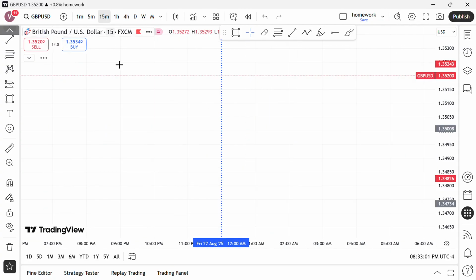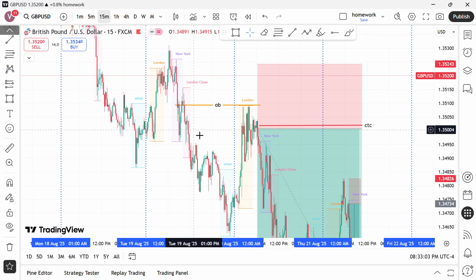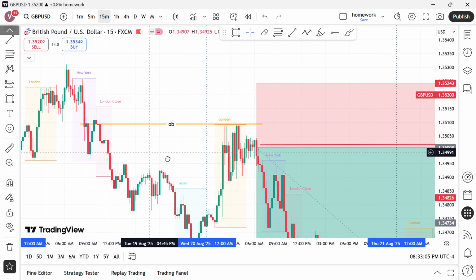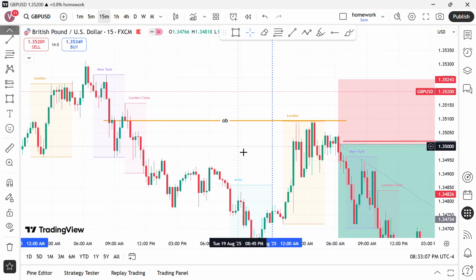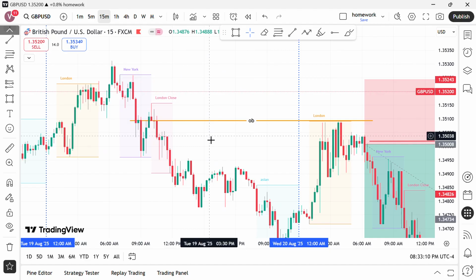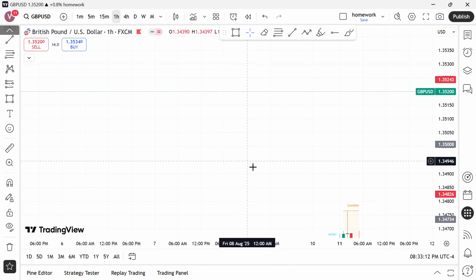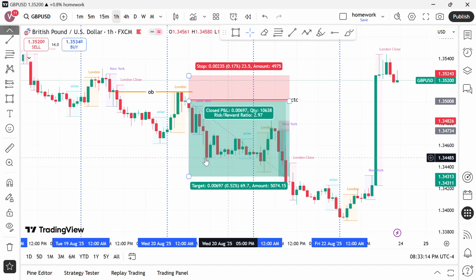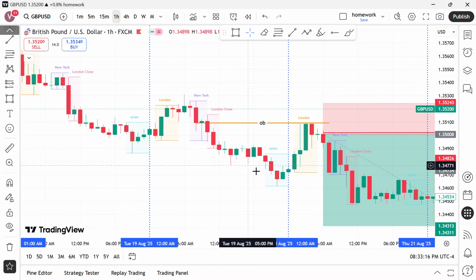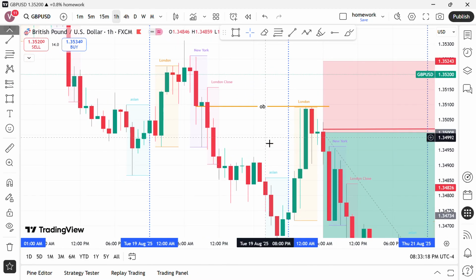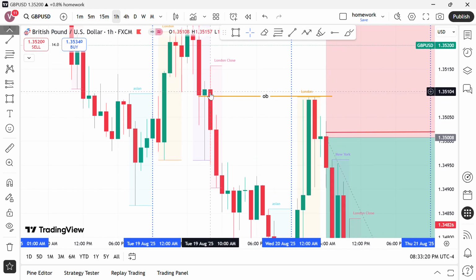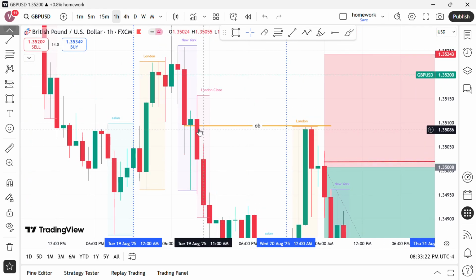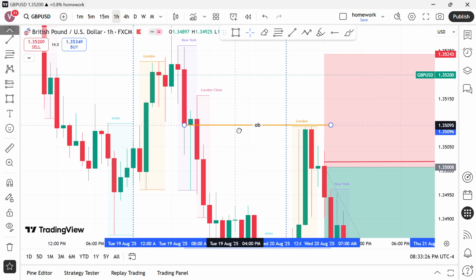And now if you zoom in and try to see where exactly this London session is trying to go, that's when you'll realize that it's going till this Tuesday's green candle's body here.